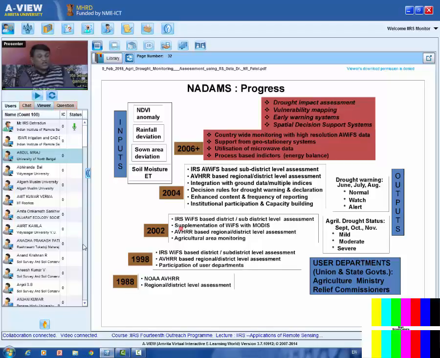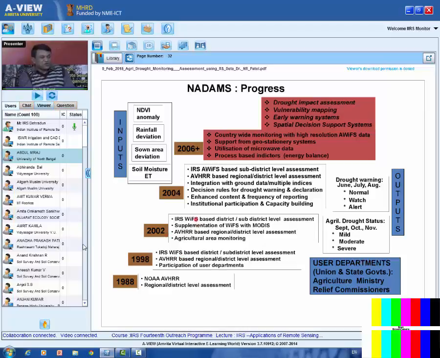In 1988, only NOAA-AVHRR data, which existed with frequent repetitivity, were used for monitoring crop conditions. Then once we got our own satellite with the WiFS data, 188 meter resolution and 5 days repeat, we started using IRS WiFS data.